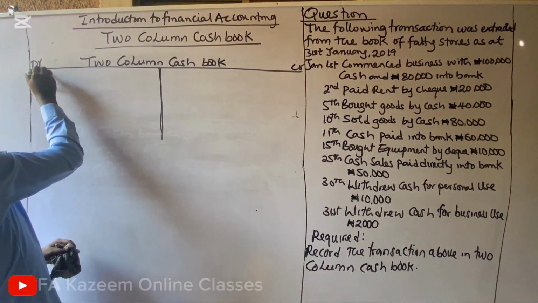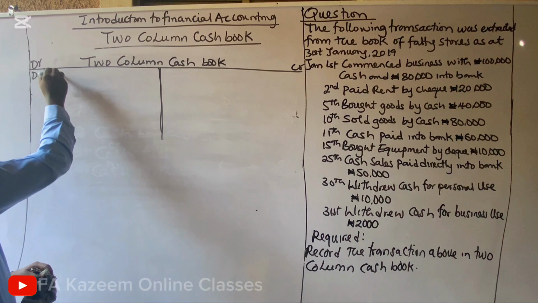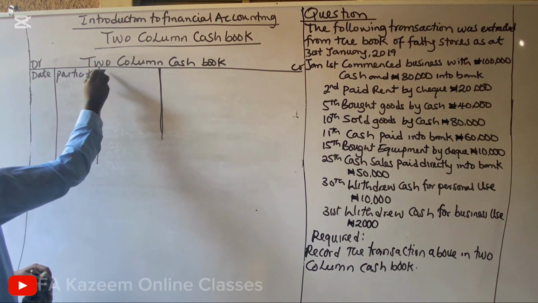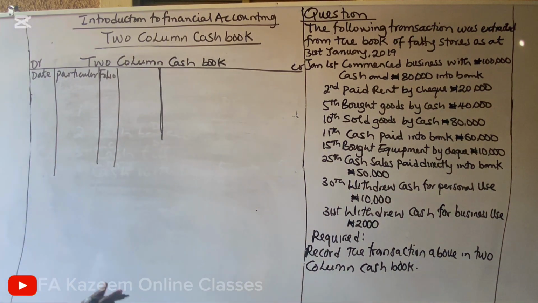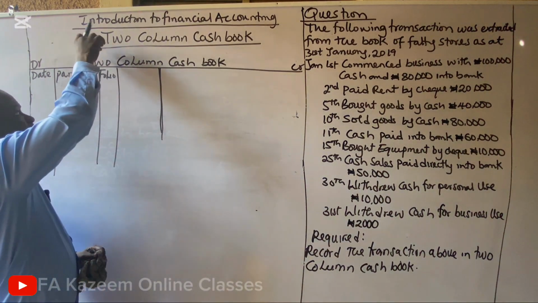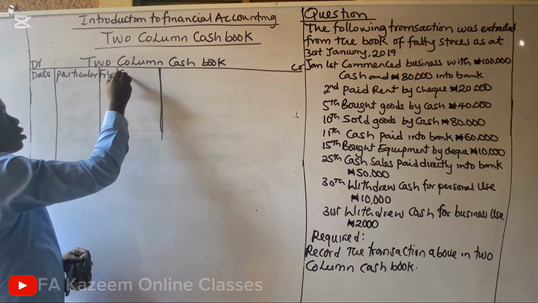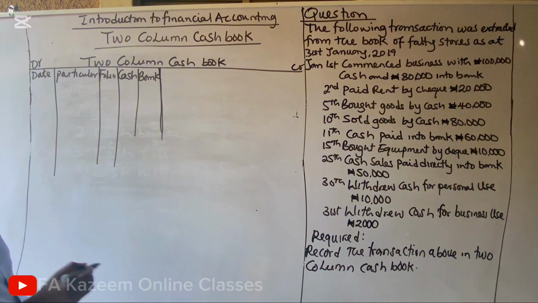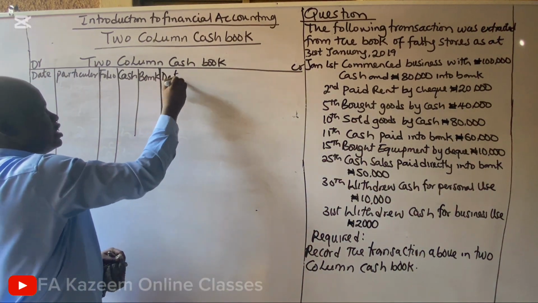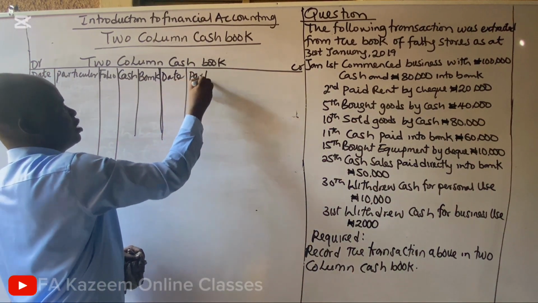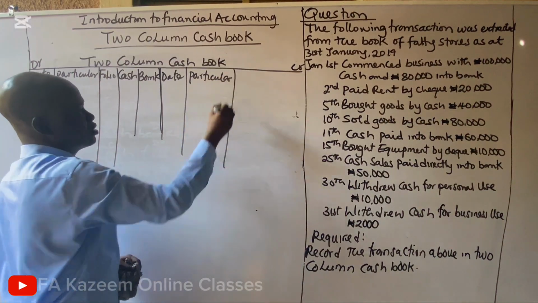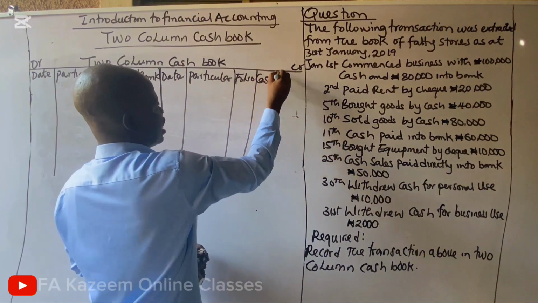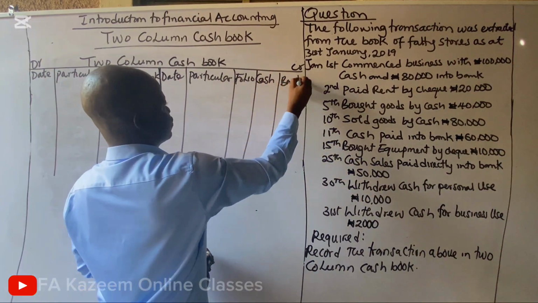It has date, it has particulars, it has folio. Now, the single column is split into two. This is cash and this is bank. On the credit side, we also have date, particulars, folio, and we have cash and bank.